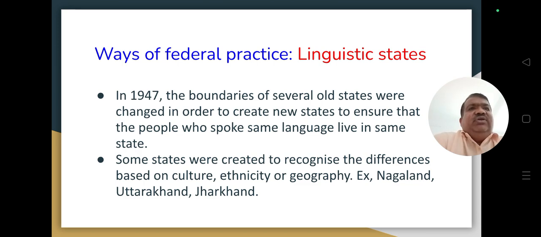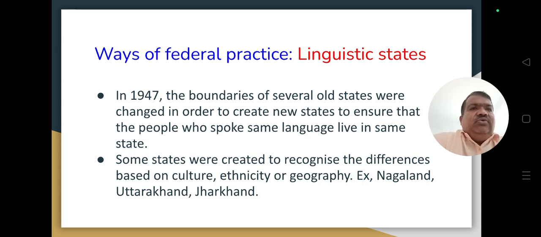Some states were created to recognize the differences based on culture, ethnicity, and geography. For example, Nagaland, Uttarakhand, and Jharkhand. In India, there are some regions where the ethnicity, geographical area or culture differed from other parts of the country. For example, Bihar and Jharkhand, though they are one, the ethnicity is different.